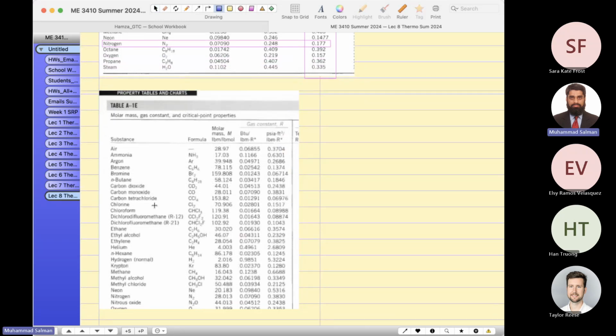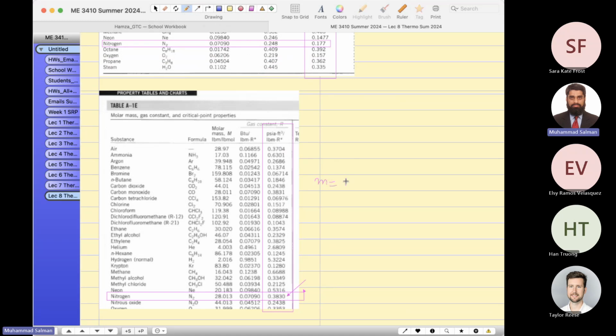This table is in the units which we need. This is nitrogen, and we need the R value, 0.38. This is the one we are interested in. So I'm going to use this in the gas equation.